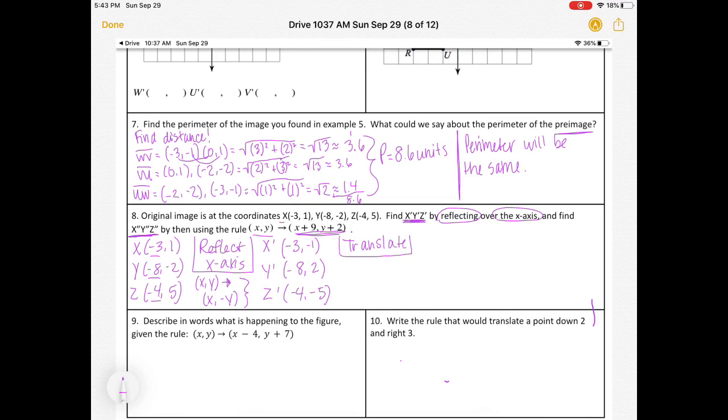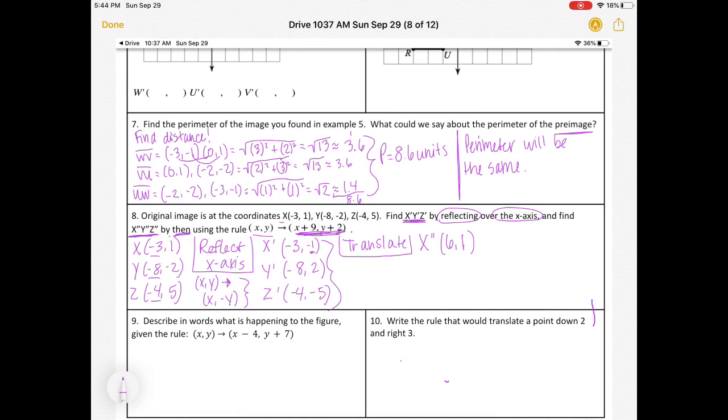I'm going to work from these coordinates here that I just found, not the original, okay? Because first they did this and then they did that. So if I'm translating, I'm doing this to each of them. So that's going to be x double prime is -3 plus 9, all right? So that gives me 6. And then the y, I'm taking -1 plus 2, which gives me +1.